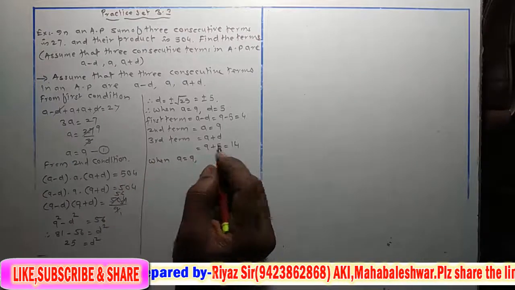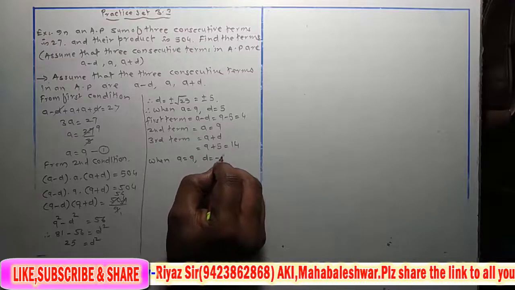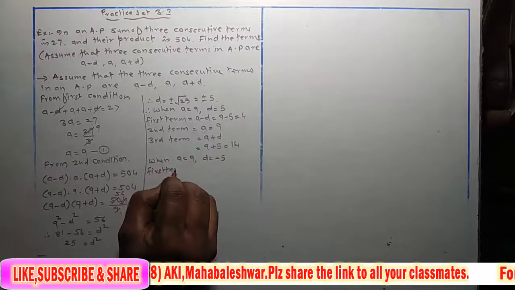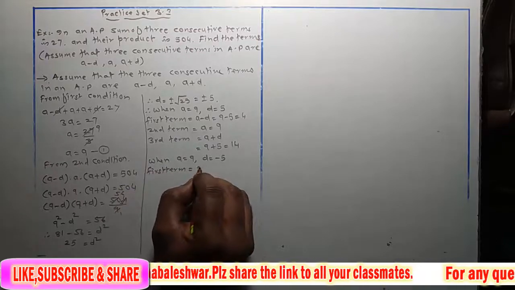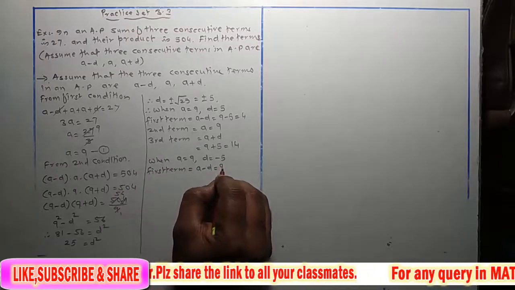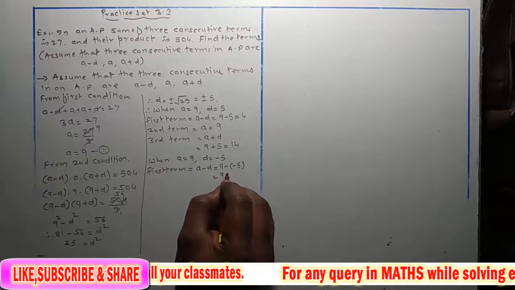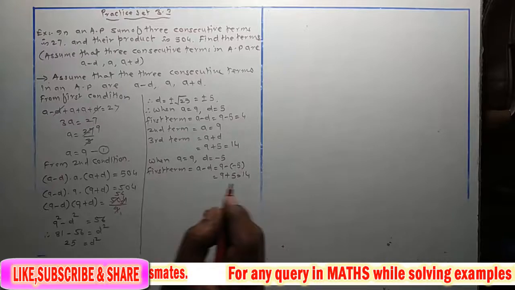Now when A is equal to 9 and D is equal to minus 5, at that time first term is equal to A minus D is equal to 9 minus minus 5, that is equal to 14.